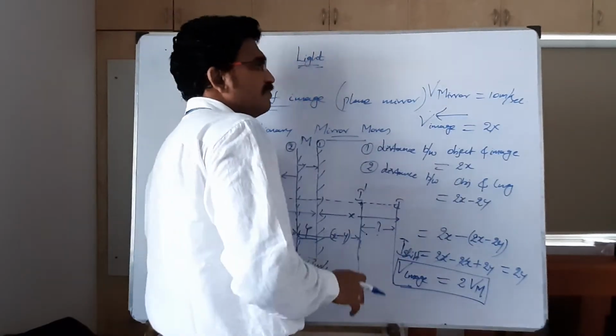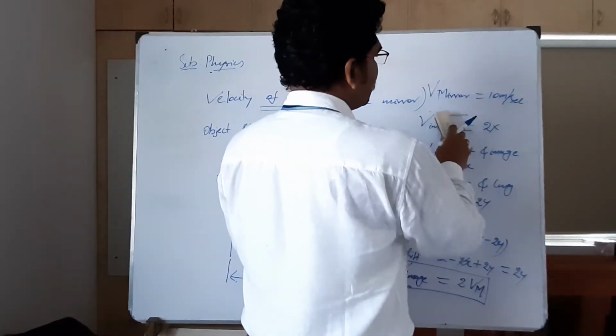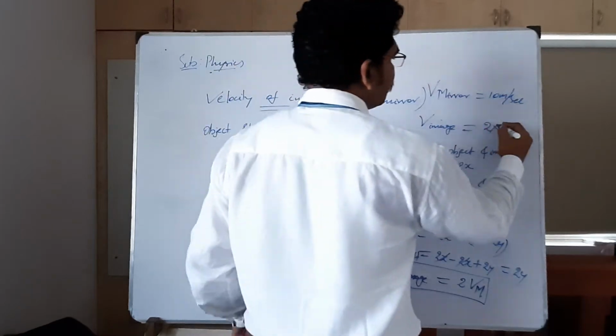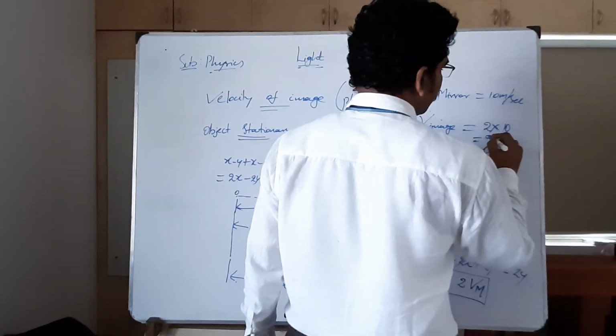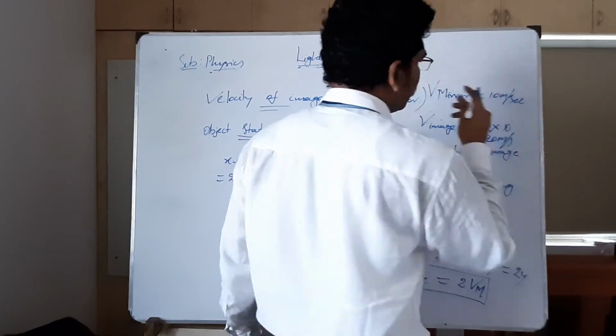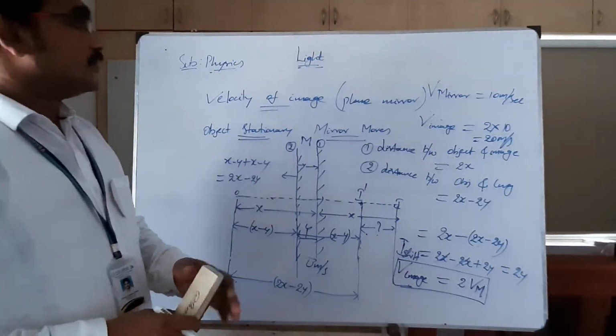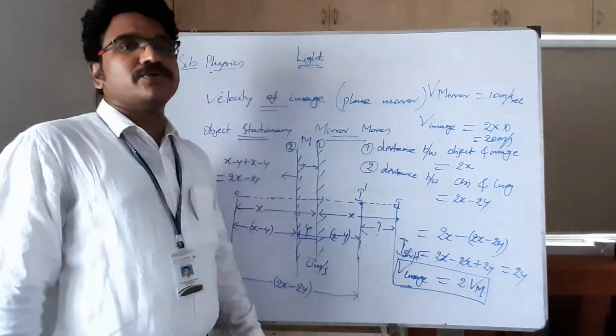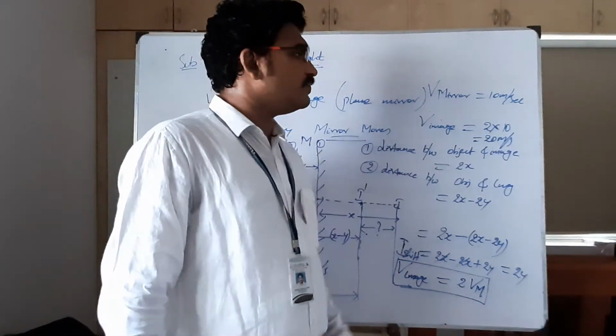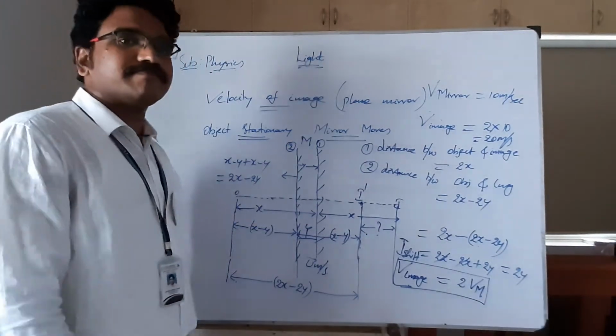Then the velocity of the image is 2 into 10, that is equal to 20 meter per second. Very simple.